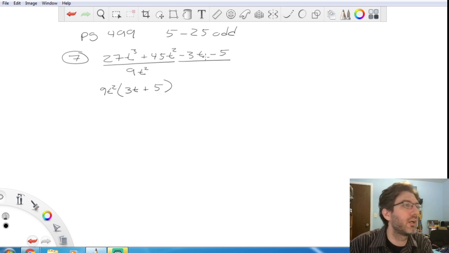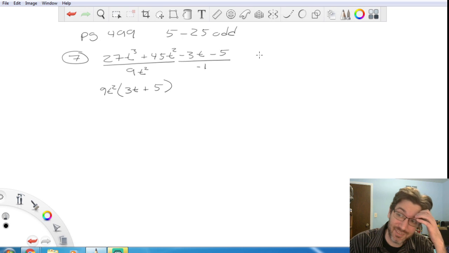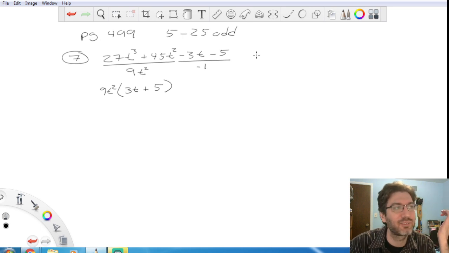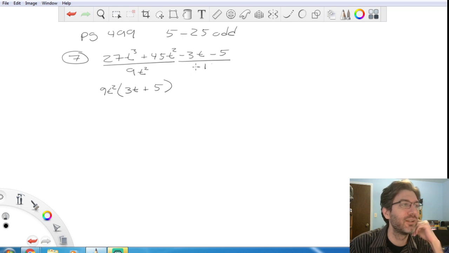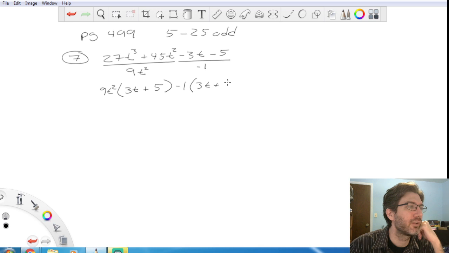Over here, I can actually take out a negative 1. And I'm going to do that so all my signs change, and I can deal with positives instead of negatives. So be aware of that. I can divide each by a negative 1. Then I'm going to take out the negative 1, and this is going to become positive 3t and positive 5, because the signs are just going to change when I divide by negative 1.